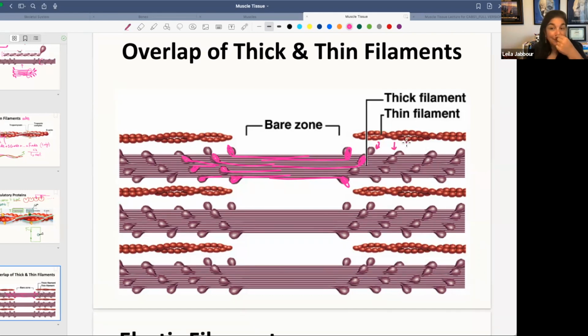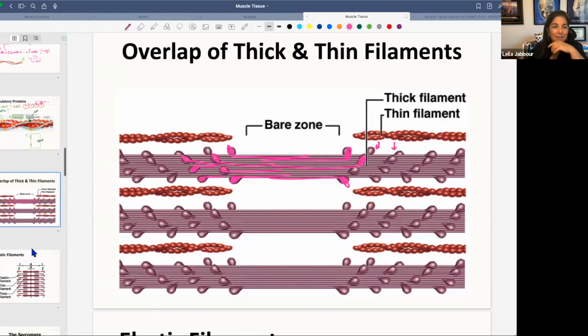And these thin filaments are made of individual G actin that assemble into F actin, right? Each individual G actin has a binding site for these heads. So you can see the thin filaments are above, the heads are below. You can imagine they're going to hook up that way. So that's the pattern that we see as a striation under the microscope.